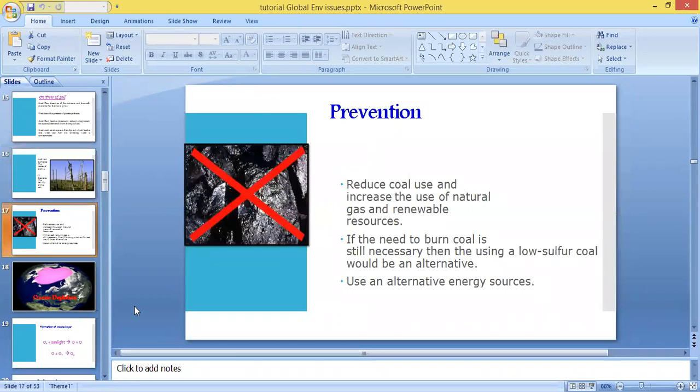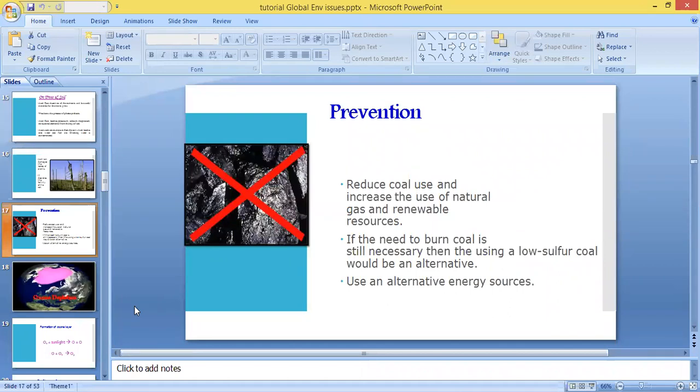Next is how to prevent this. Since we know that it is very dangerous in nature, and we also know the important areas due to which it is caused, but sometimes, due to some requirement or another, we cannot stop it. So what are the certain remedial measures? One is to reduce coal use and increase the use of natural gas and renewable resources.